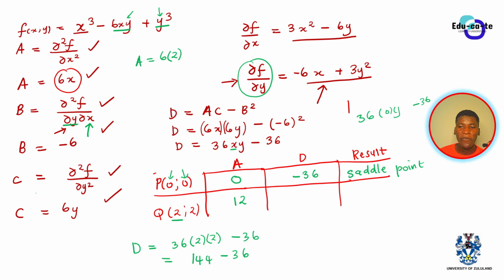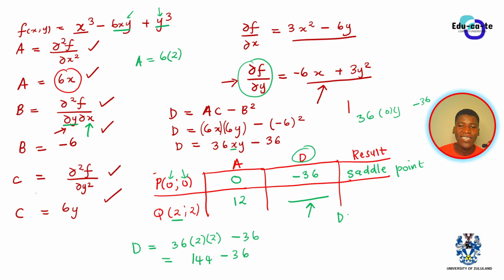Whatever outcome you get there, you know that it is going to be a positive number, something around 108 or something like that. So it means that this is actually a positive number.